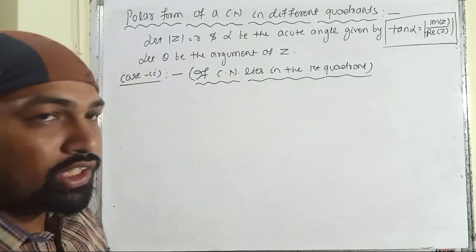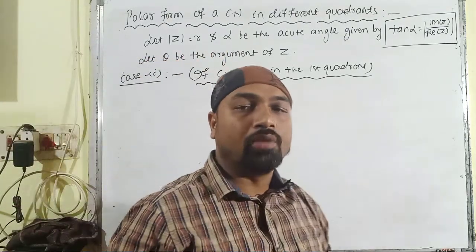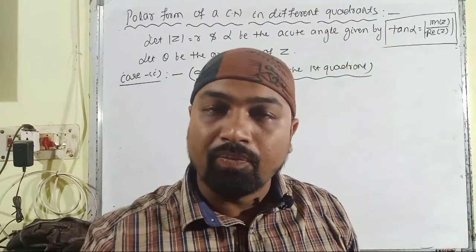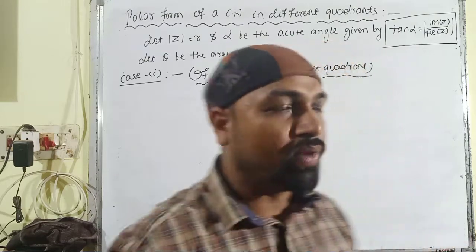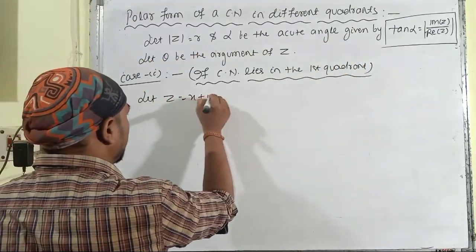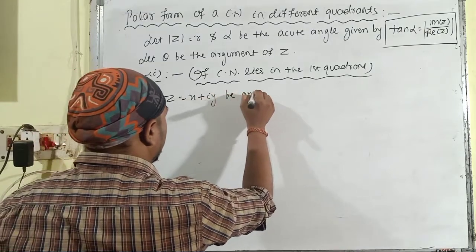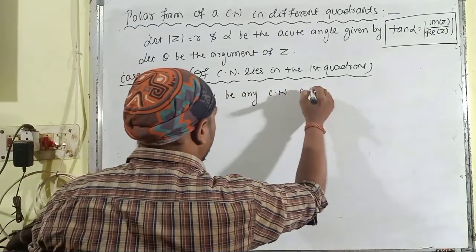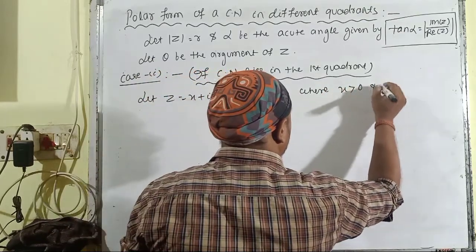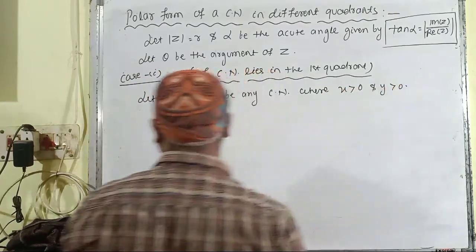So first of all, let us discuss the polar form of a complex number which lies in the first quadrant. That means the real part is greater than 0 and the imaginary part is greater than 0. Let z is equal to x plus iy be any complex number where x greater than 0 and y greater than 0.